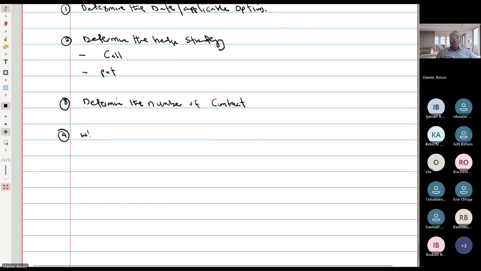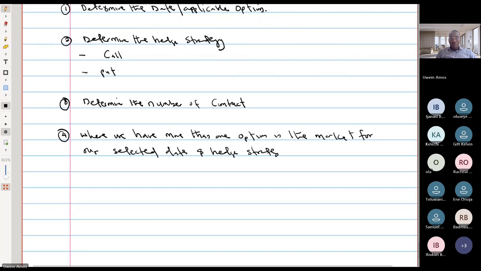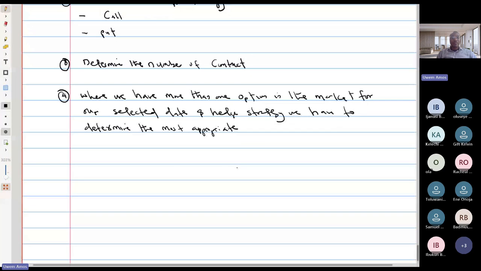So where we have more than one option in the market for a selected date and hedge strategy, we have to determine the most appropriate. Okay, we're going to do that. Our exam question is going to bring that out for us.